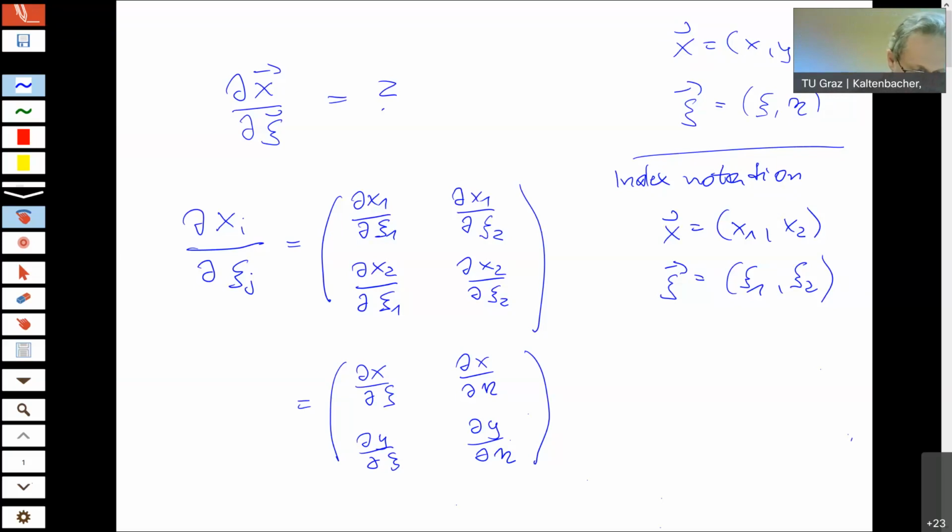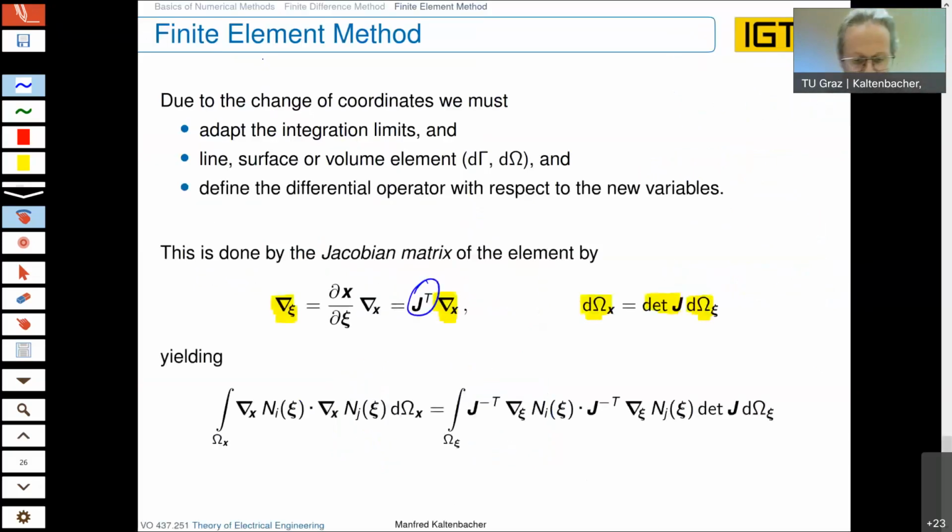Okay. So, and if we now go back, we realize that this is not really the Jacobian, but it's the Jacobian transpose. Okay. Yeah, because perhaps I should also write here explicitly x is a function of psi and eta, make it 2D, and y is a function of psi and eta.